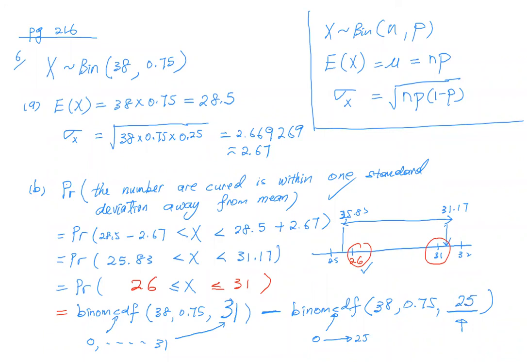So you use your calculator, then you count, and you get the answer. You don't have to count one by one. So the way to use binomCDF is very important.